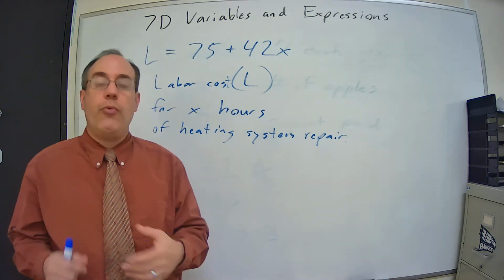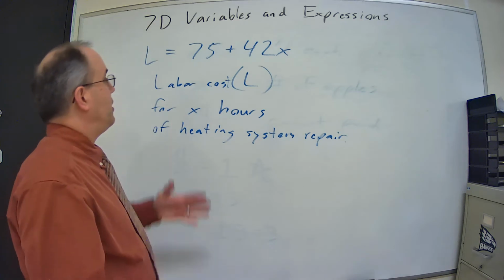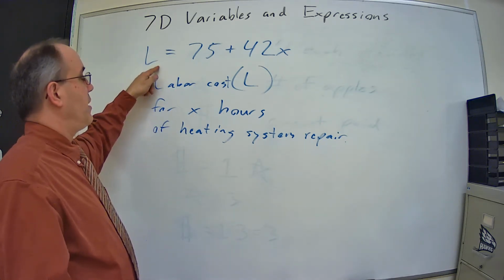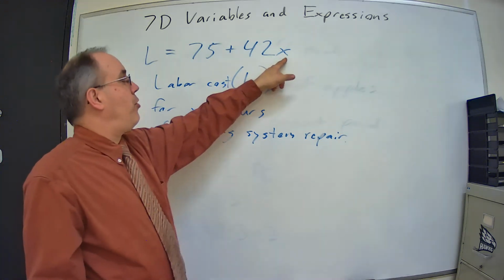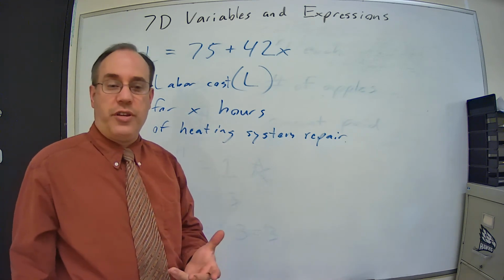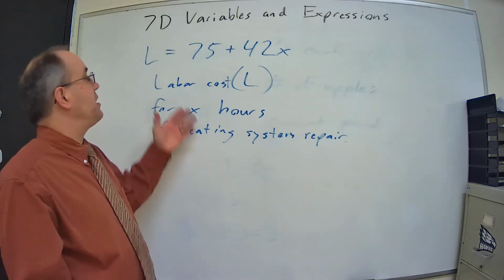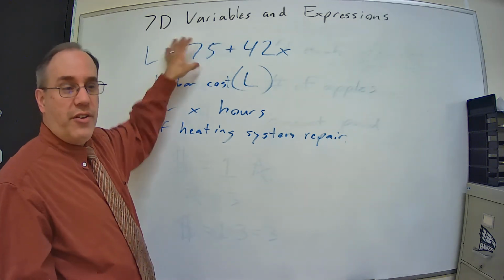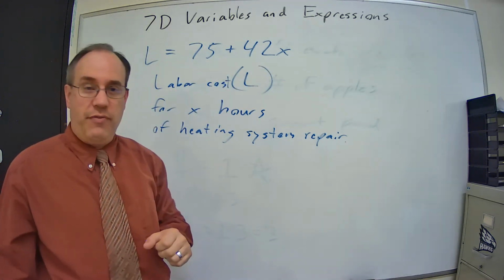So the first thing we want to do is recognize the variables, and I think it's pretty straightforward here. L is a variable, it can change, it represents the labor cost. X is a variable, it can change, it represents the number of hours that are spent working on this system. And in this we see that there's actually a fixed value, 75. No matter how many hours are worked, that 75 is still 75.